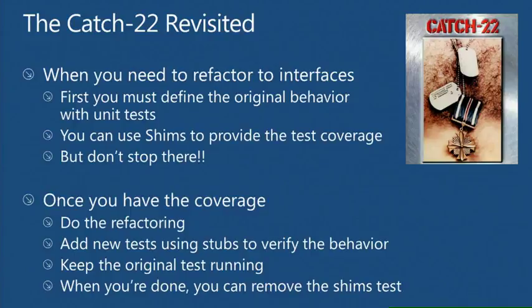And now you want to be trying to use stubs or mocks, use interface separation, use interface extraction. Keep that shim test running until you're done. So that's why you'll use things like the default implementation, null object, and things like that. Keep that running because you have to know that it's still good. And then when you're done with all of your refactoring and it's all clean and isolated and solid, then you can remove the shim test.